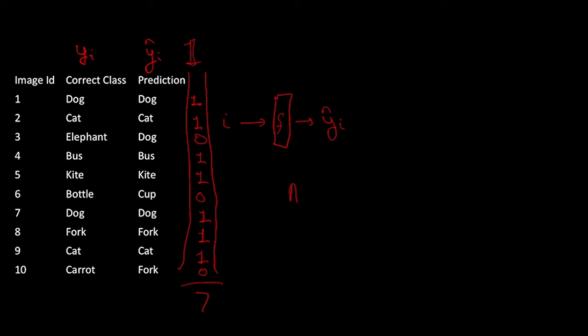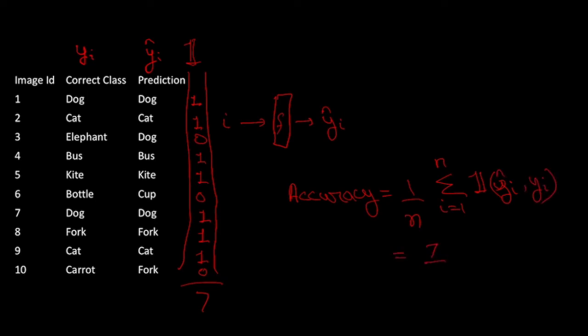So the accuracy in this case, which is simply 1 upon n, where n is the number of test images, times the summation over all these test images of the indicator function values of y i hat and y i, would be 7 out of 10, so it will just be 0.7. So we will say that for this particular prediction model F, the accuracy is 0.7.